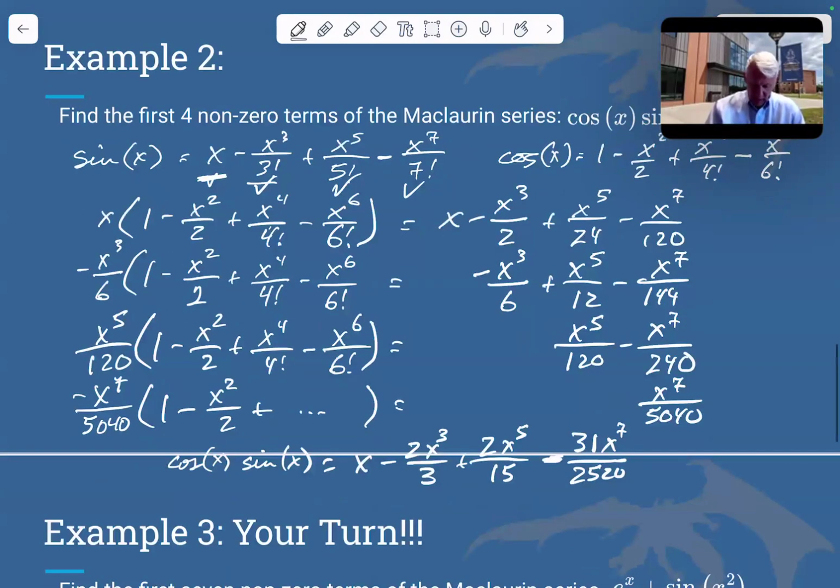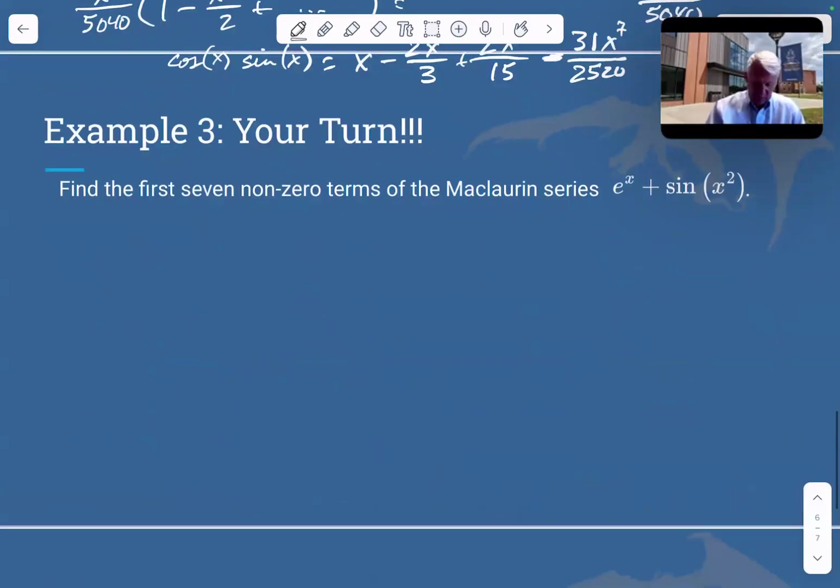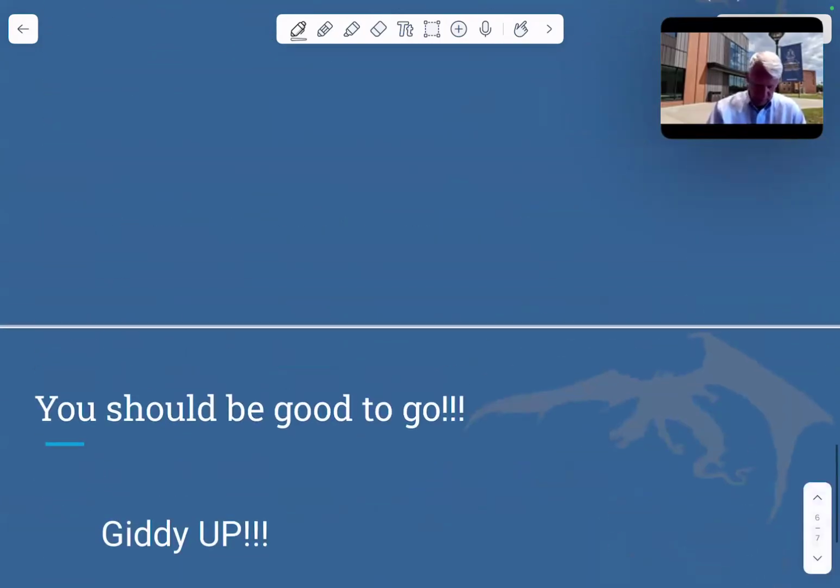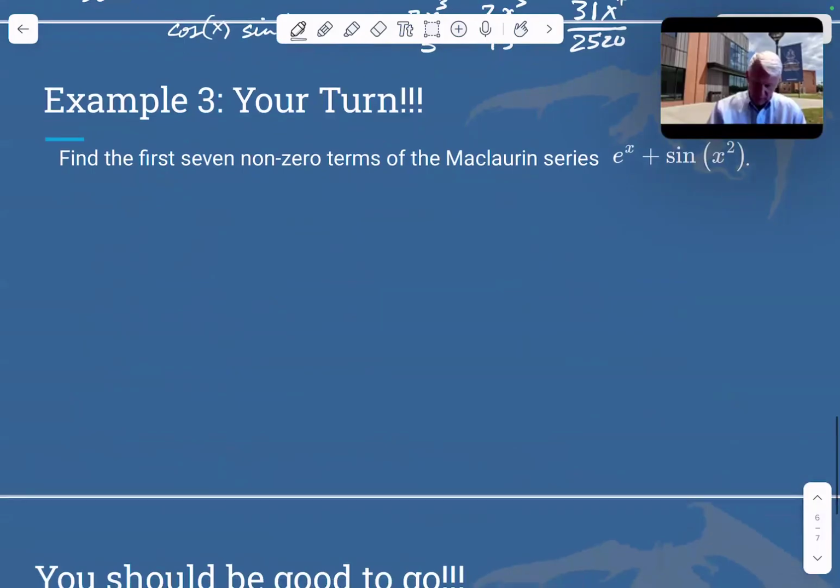All right, so now on this one, I just want you to put it on pause and try this one. All right, so you've had a chance to read through it and try it. On this one, we have e to the x.